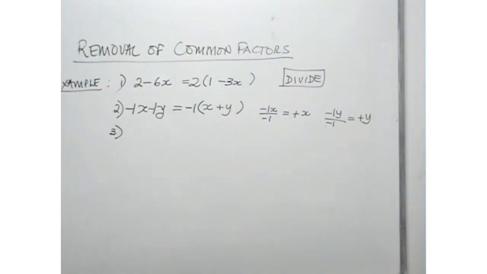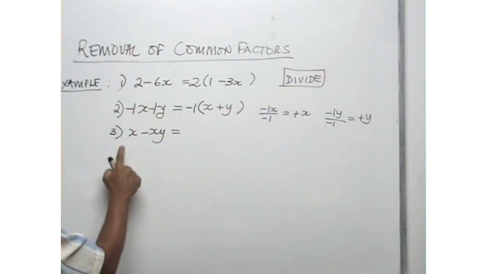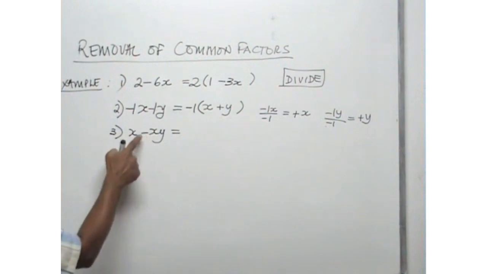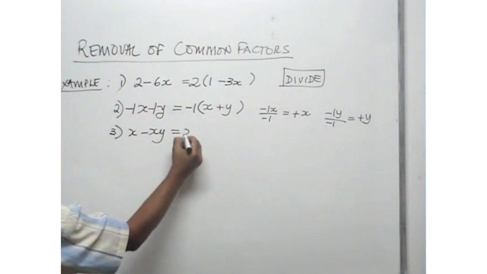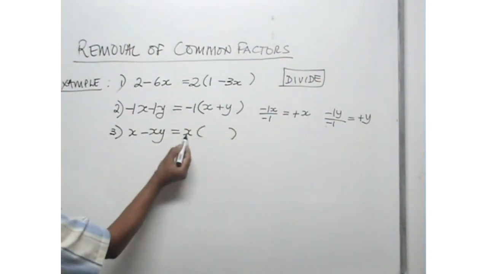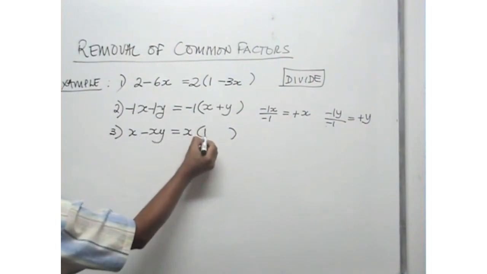Let's look at the third example. x minus xy. So when you study this example, you find the common factor is x because x appears in both terms. Once again, you've written the common factor down there. You divide x by x, you get 1.